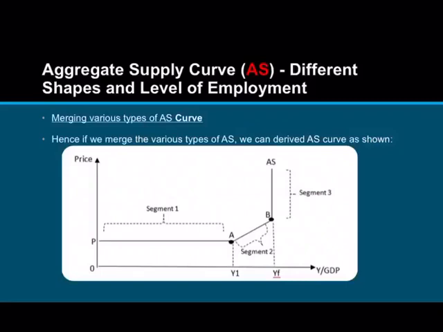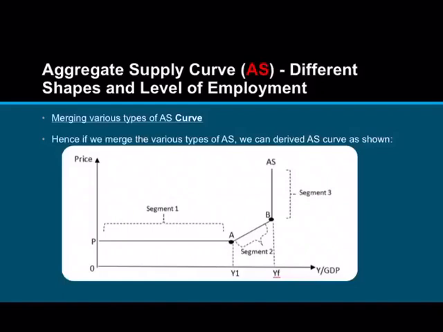Segment 3 is the long run, a vertical line of the AS, which is perfectly inelastic. So we have three different states of the AS curve, transitioning from perfectly elastic to perfectly inelastic as the output increases. So we can break this into three different segments to give you a better understanding.